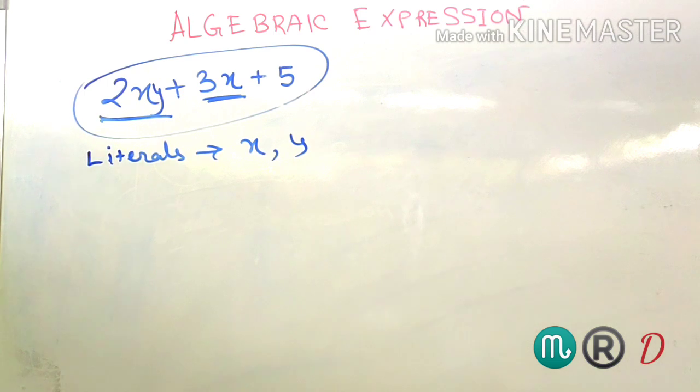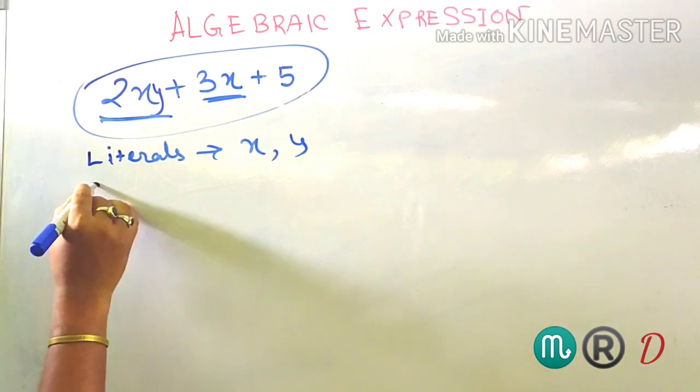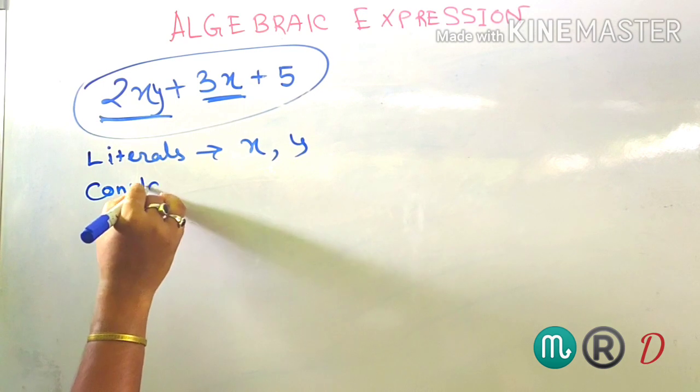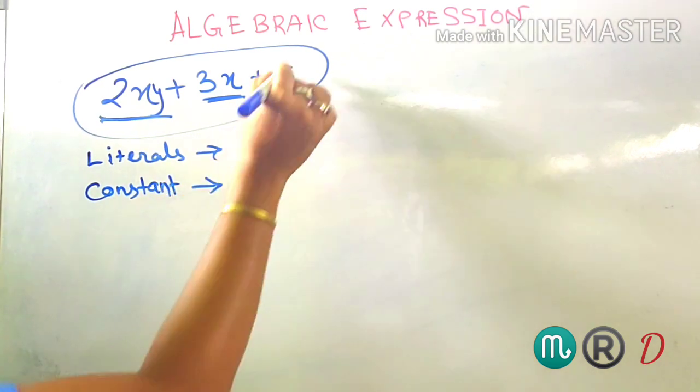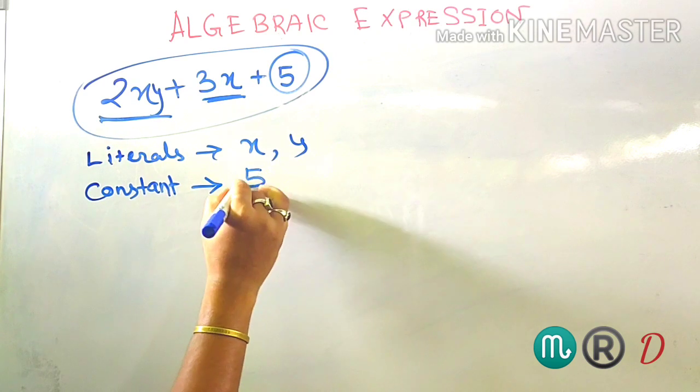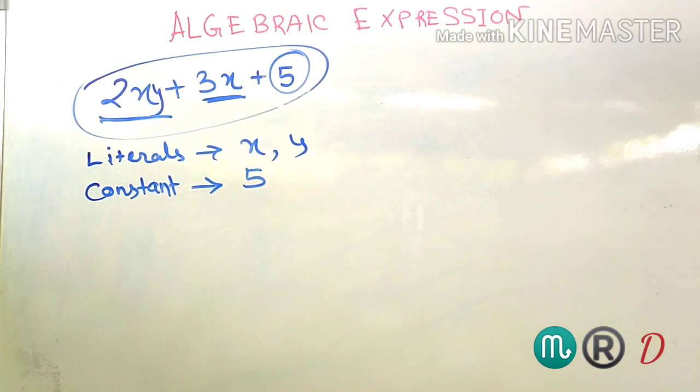Variable means they do not have a fixed value; the value may change. The constant part in this expression is your 5, which is a fixed value. It does not change.